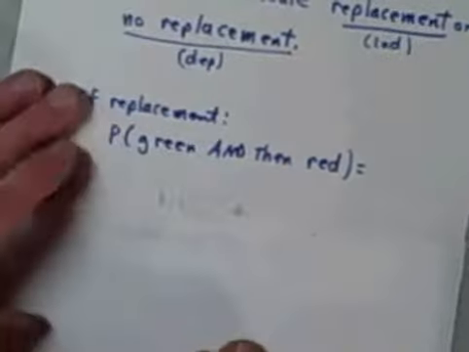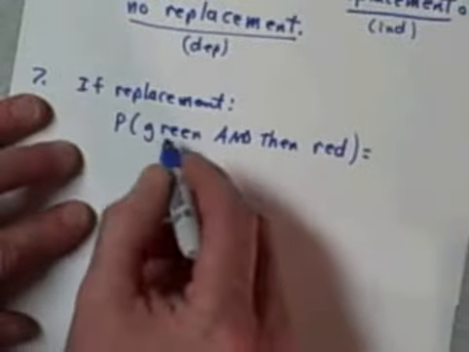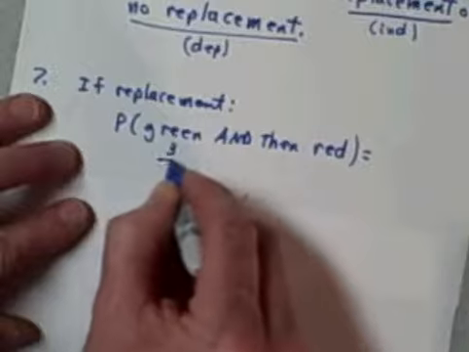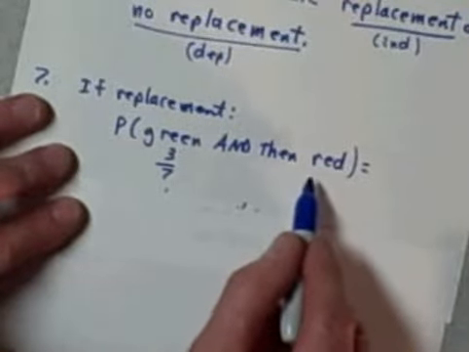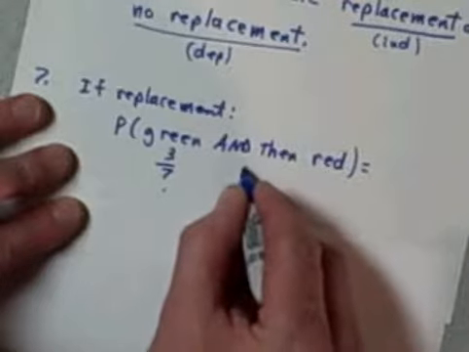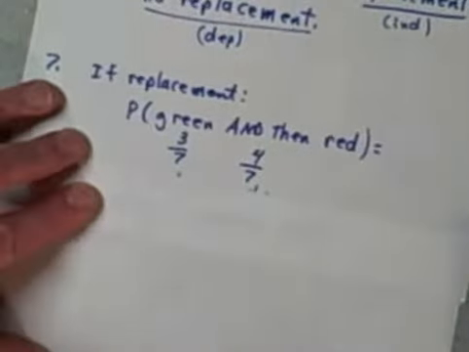Okay, so the probability of getting a green one is 3 out of 7. And then the probability of getting a red one is 4 out of 7.